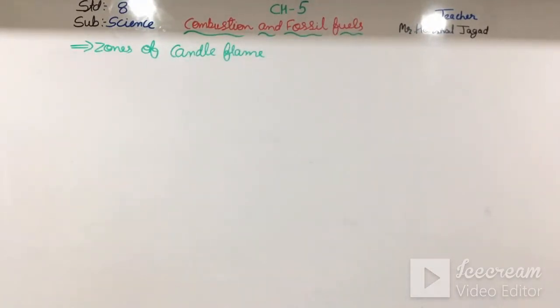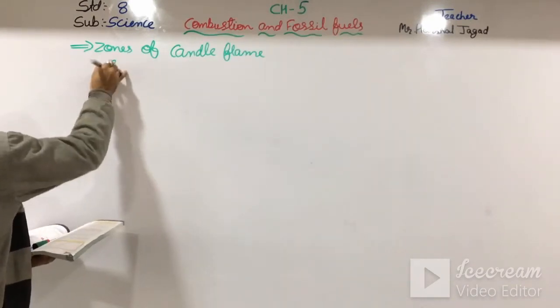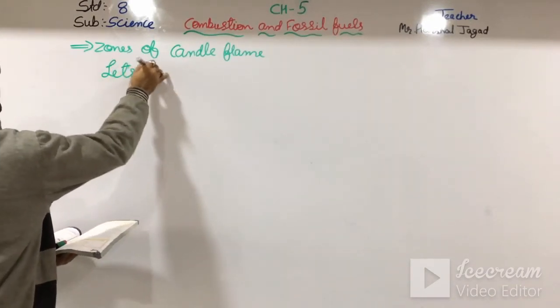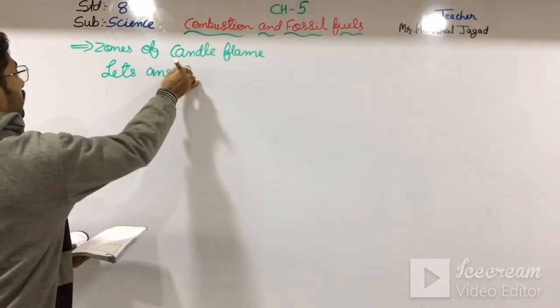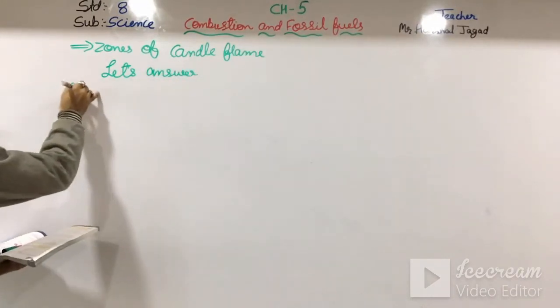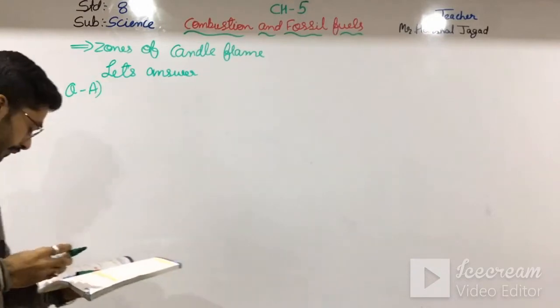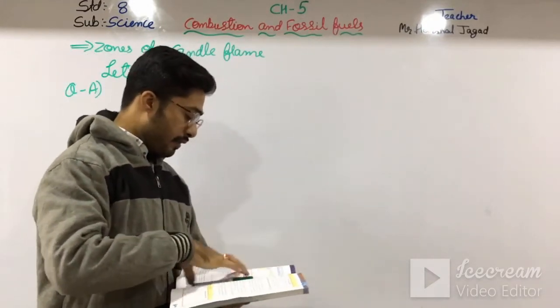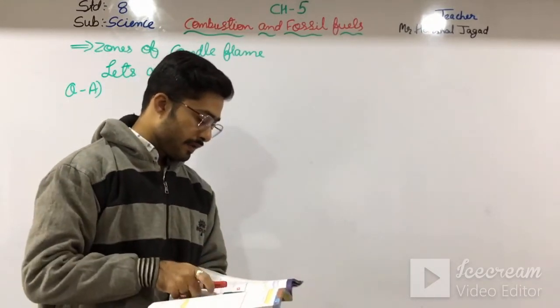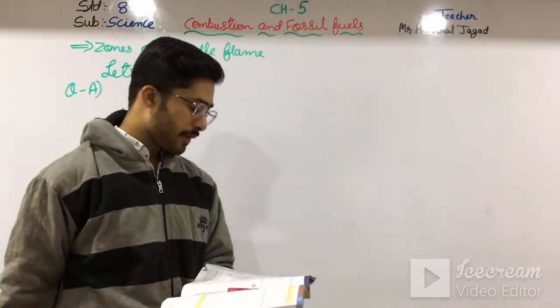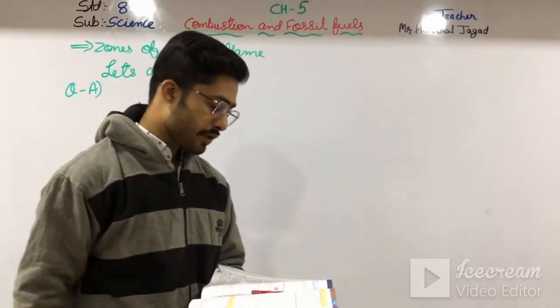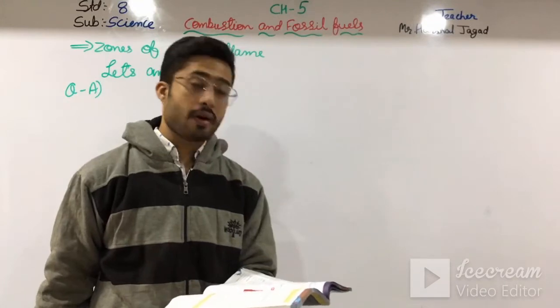First of all, question number A, that is fill in the blanks. Fill in the blanks with the correct words: paper and coal are dash substances, combustible or non-combustible.